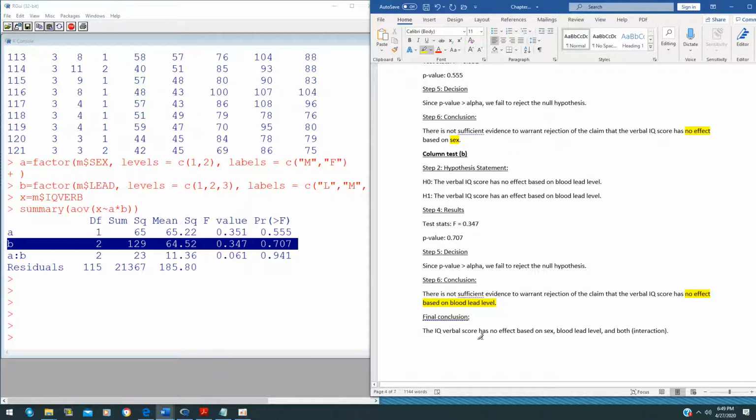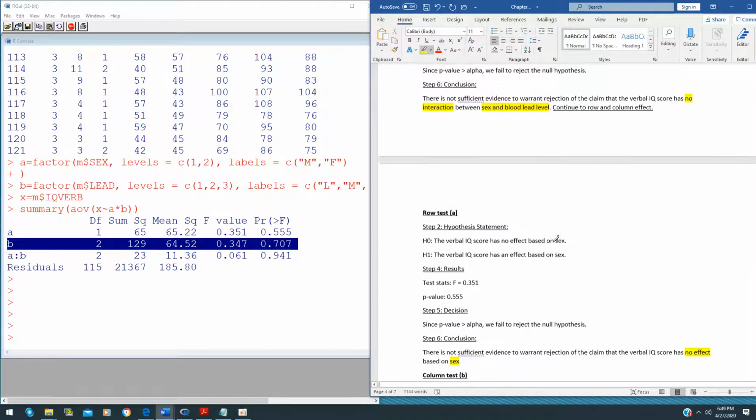The IQ verbal score here has no effects based on sex. It also has no effects based on the blood level, and it also has no interaction between sex and blood level. This is very important, the final conclusion based on everything. So this is how we do what we call a two-way ANOVA.